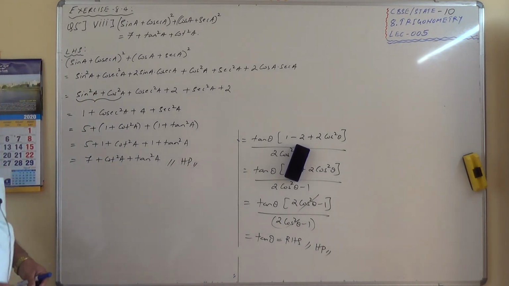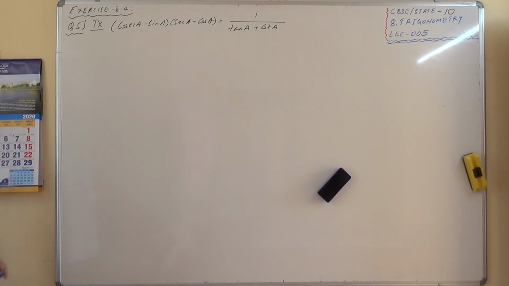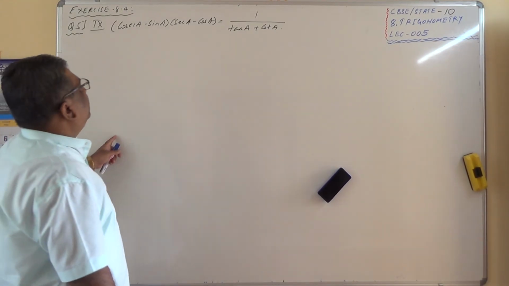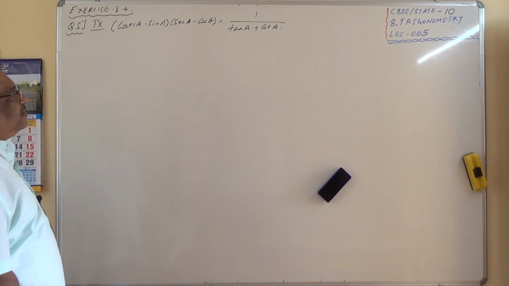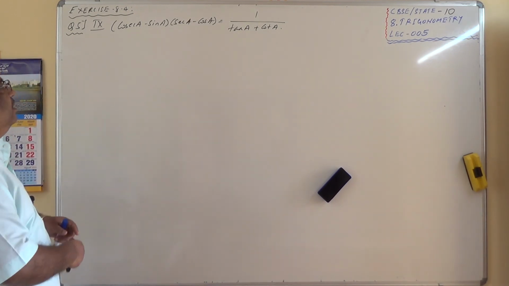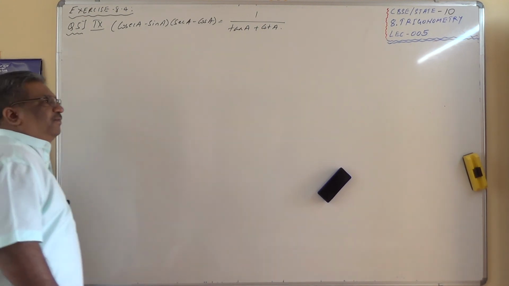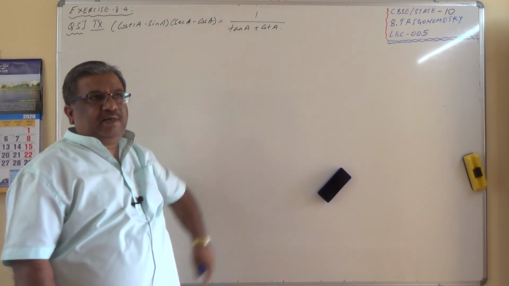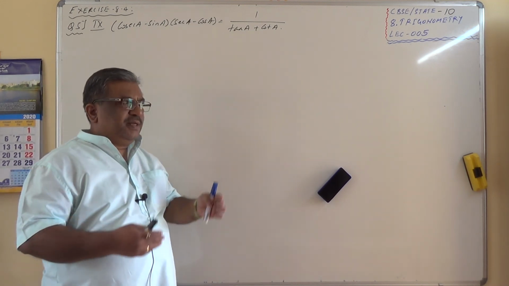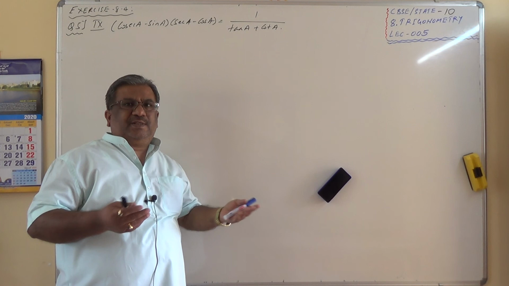So make a note of this. Question number 5, ninth one. Cosec A minus sin A into sec A minus cos A equals 1 over tan A plus cot A. I'll take LHS. If it is not possible to arrive at RHS, what I will do is simplify to some extent and mark it as 1.